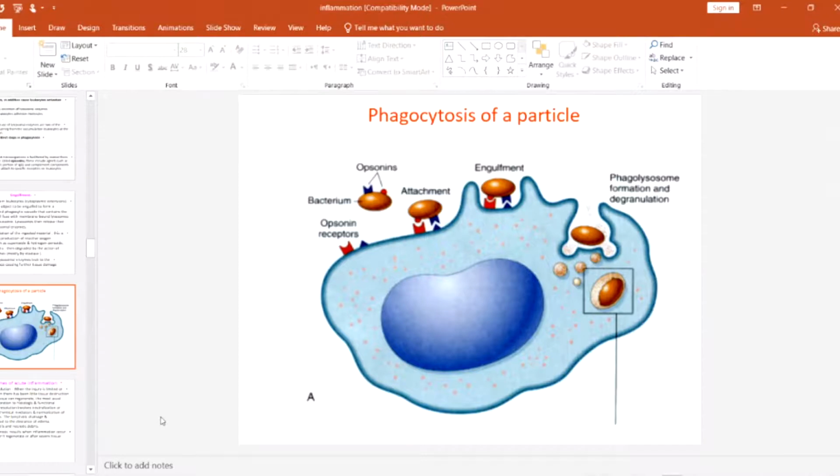Steps of phagocytosis: number 1, recognition, the white BC will recognize the bacteria via opsonine. Number 2, attachment between the bacteria and the white BC, through opsonine. Number 3, engulfment, so now the bacteria will be inside the white BC. Now the phagolysosome forms and releases lysosomal enzymes, killing the bacteria. Now phagocytosis is finished.